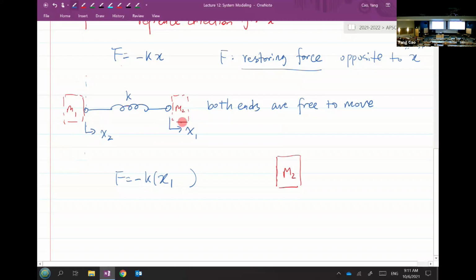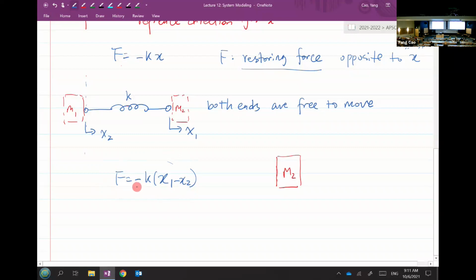You can see x1 goes this way, you stretch that a little bit to this side, and x2 goes this way, so this side is stretched and this side is being compressed a little bit, according to the drawing. So the total deflection is x1 minus x2. That will be the restoring force generated by this spring right here.